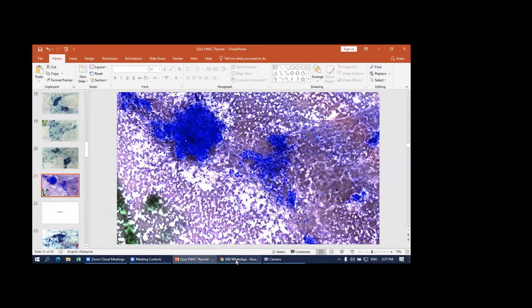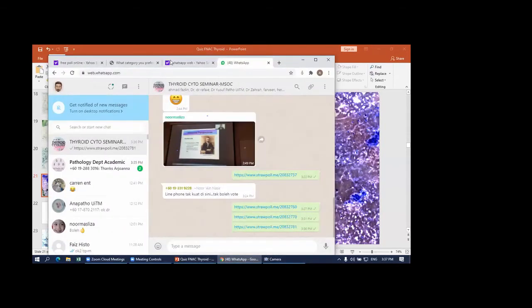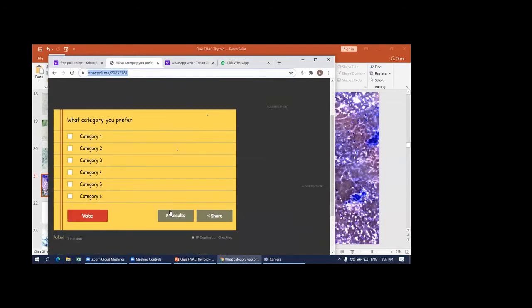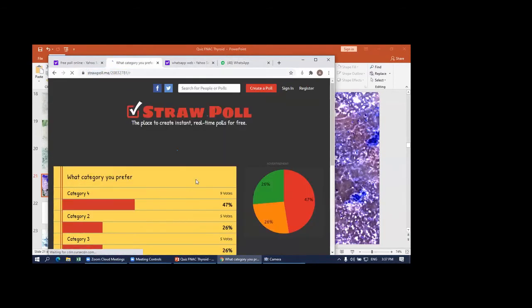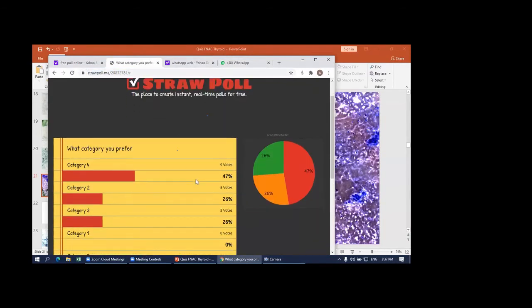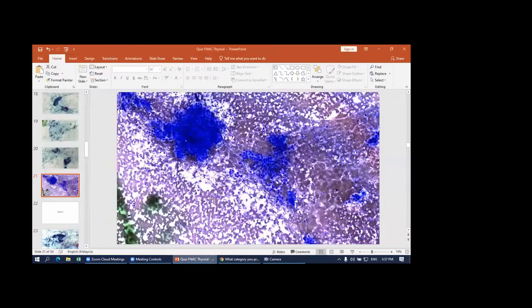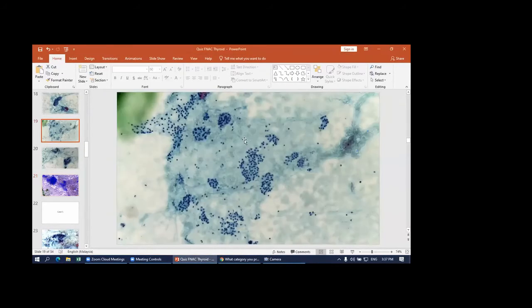Okay, so let's see what your diagnosis results are. Majority of you chose category 4, I suppose because I showed you the dispersed and small microfollicles, but that is not the majority. The majority are still macrofollicles.